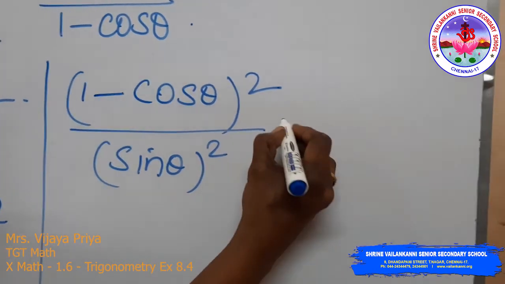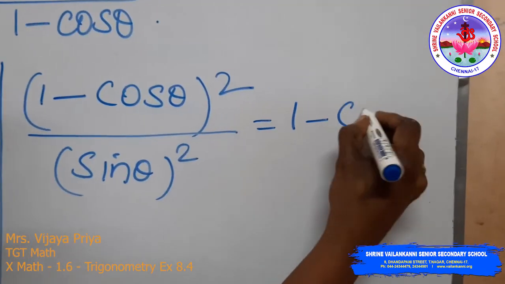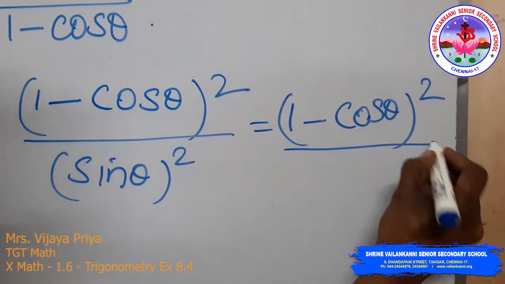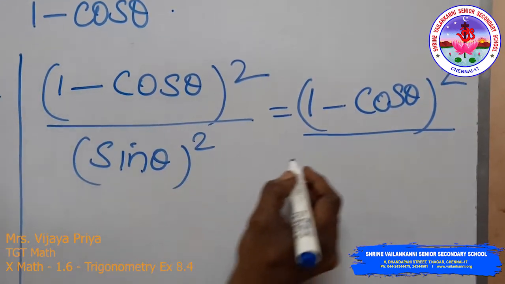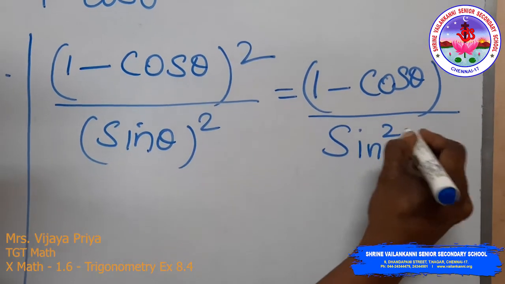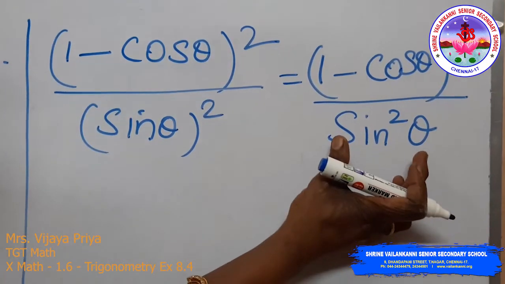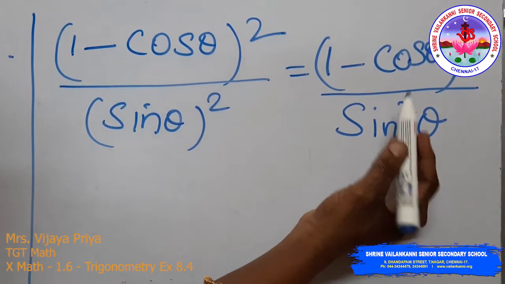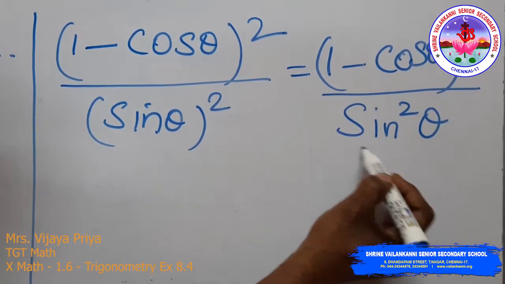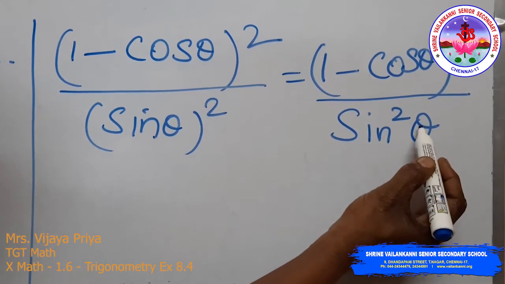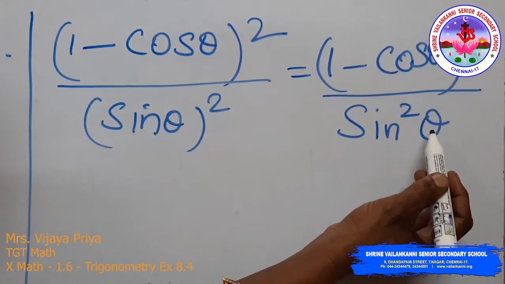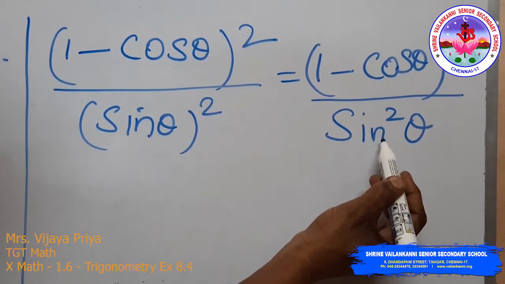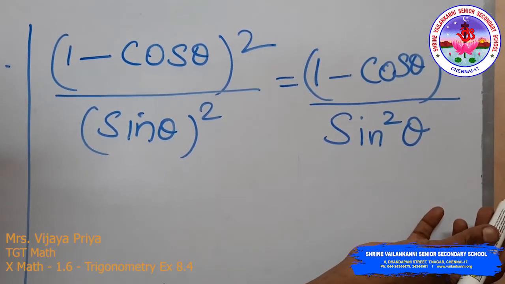Which is equal to 1 minus cos theta the whole square divided by sin theta the whole square, which becomes sin square theta. I want the expression, my right hand side answer, in terms of cos theta. So I am going to change my sin square theta using the identity sin square theta plus cos square theta is equal to 1, where sin square theta is equal to 1 minus cos square theta.